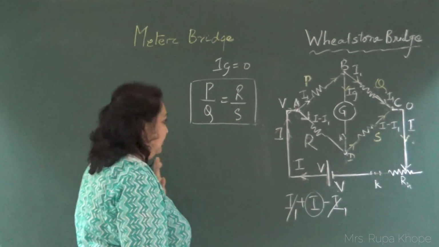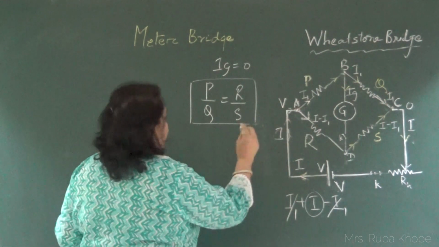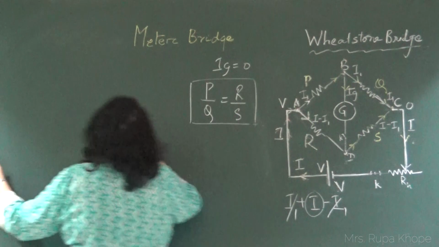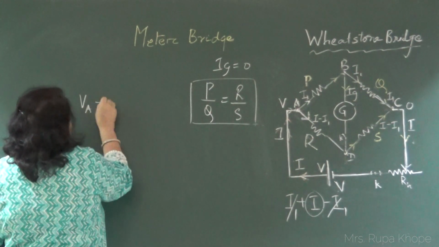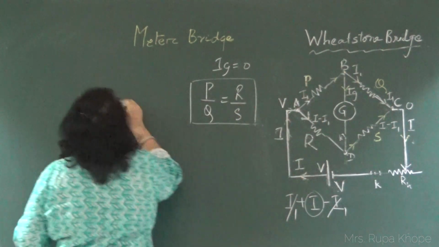Now this point is very clear. Now let's solve this equation. The potential at this point is VA minus the potential at this point, VB.